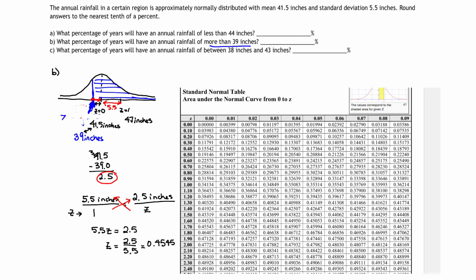So it's z equals negative 0.4545, etc. Repeating.